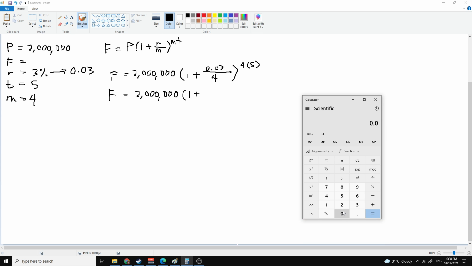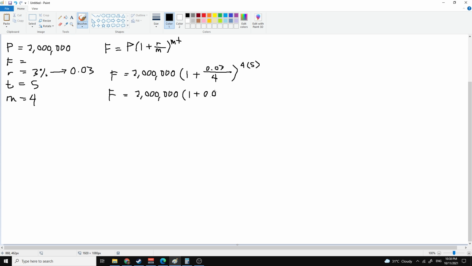So what is 0.03 divided by 4? That's going to be 0.0075, okay? 0.0075. Okay? And then that's going to be to the power of 4 times 5, which is going to be 20.